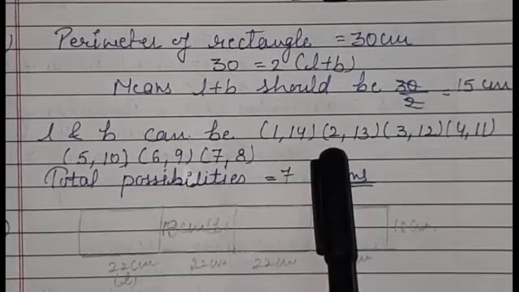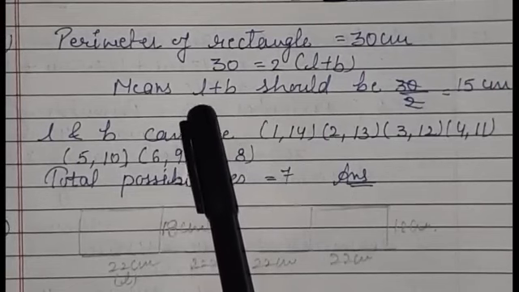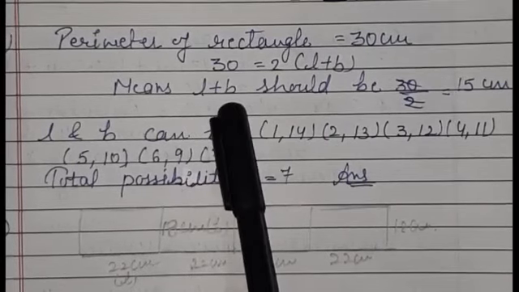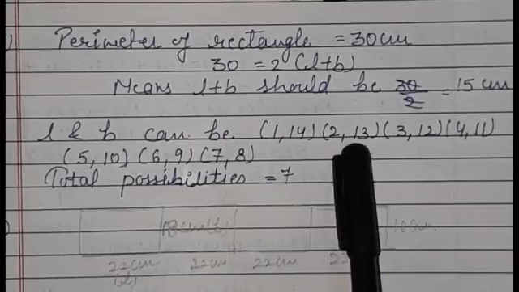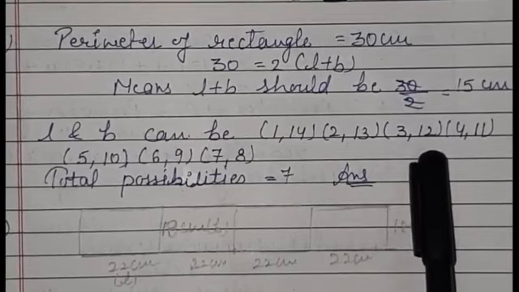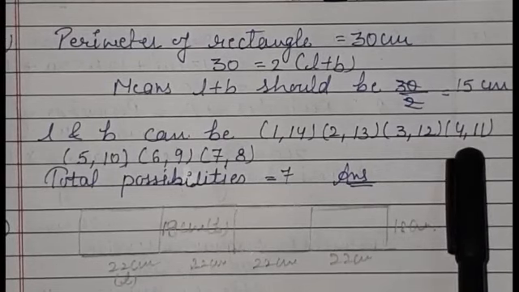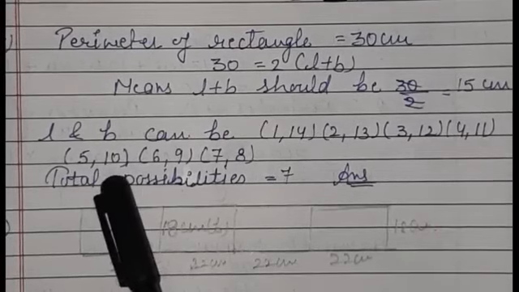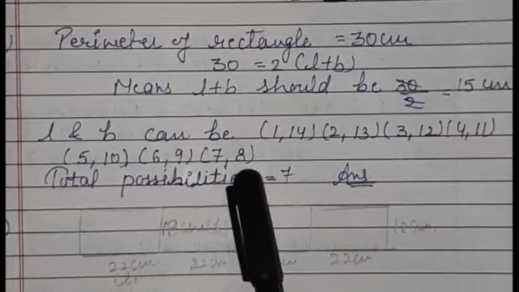Similarly, the second case will be, if we take length as 2, breadth should be 13, then only 15 will come. Next cases will be 3, 12; 4, 11; 5, 10; 6, 9; 7, 8.